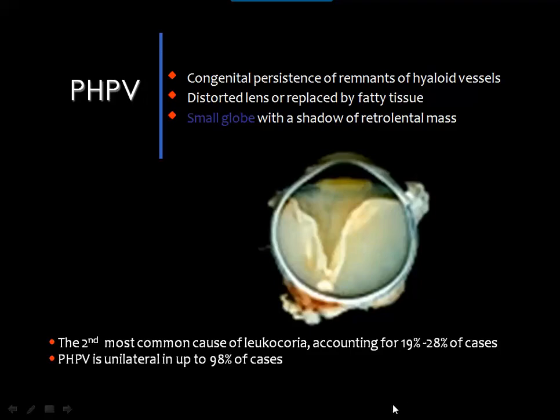The first one is known as primitive hyperplastic or persistent hyperplastic primary vitreous, which is a congenital persistence of remnants of the hyaloid vessels. In this disease, the globe is usually small, and the lens is appreciably distorted and may be replaced by some fatty tissue.